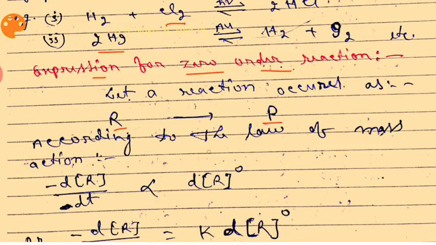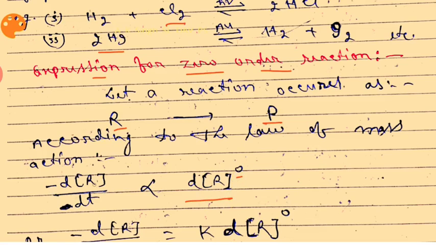According to the law of mass action, what happens here? Minus d[R]/dt, or minus the change in concentration by dt, will be directly proportional to [R]^0.